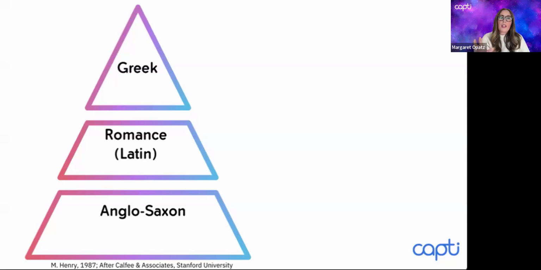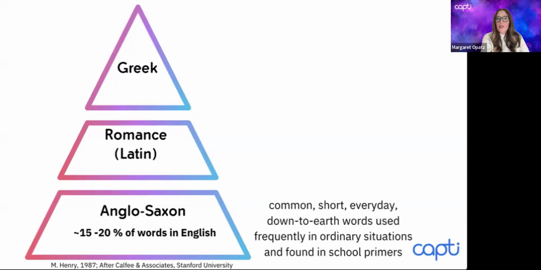So we're pulling in all of these different languages to operate in different ways. Let me get into that a little bit more. Anglo-Saxon words make up the 15 to 20% of English words that are pretty common. These are everyday words.